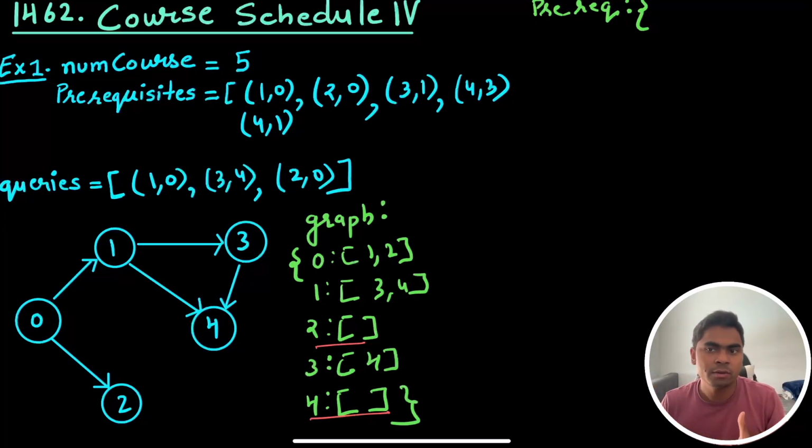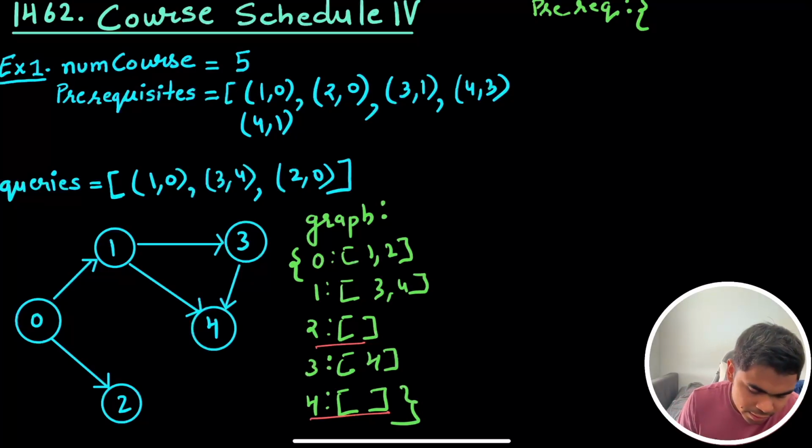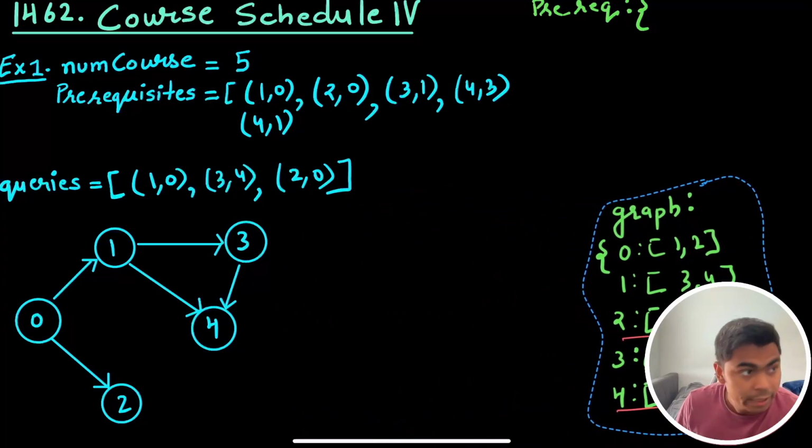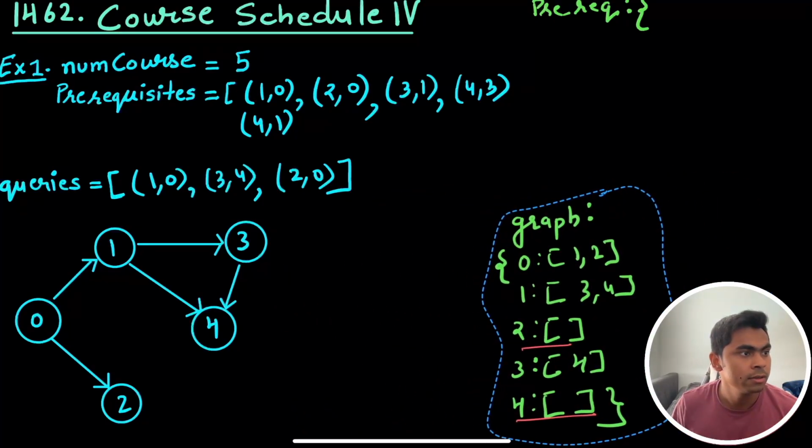What we are really trying to create is, for each node, a set which is the list of nodes which are prerequisites of that particular node. And we will do that while we explore this graph, this adjacency list. So I'll push this right here, so that you can see.